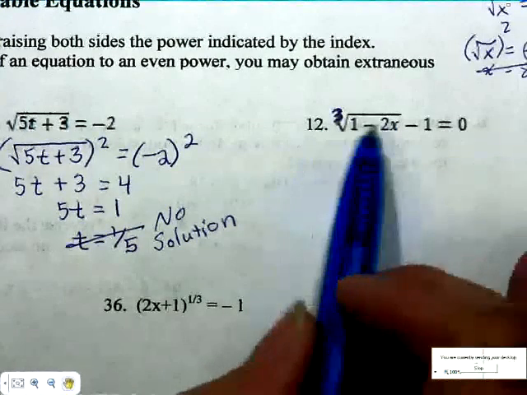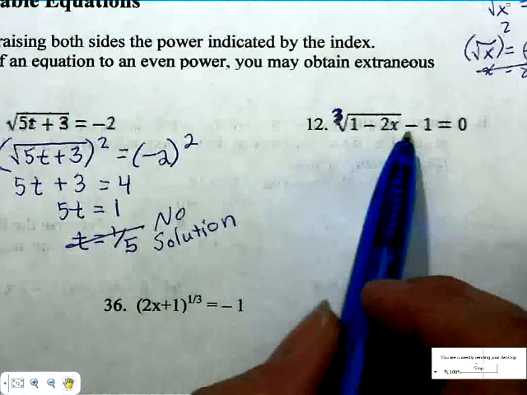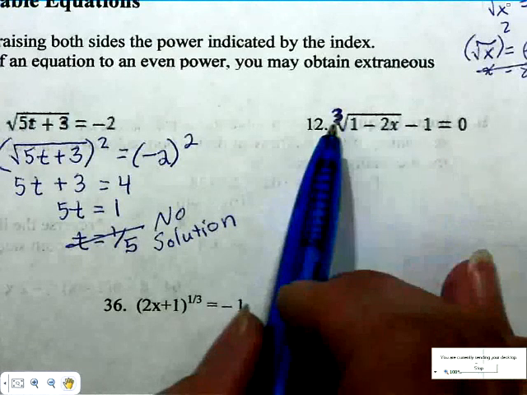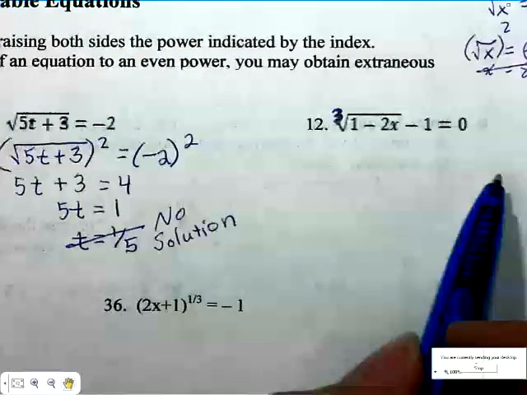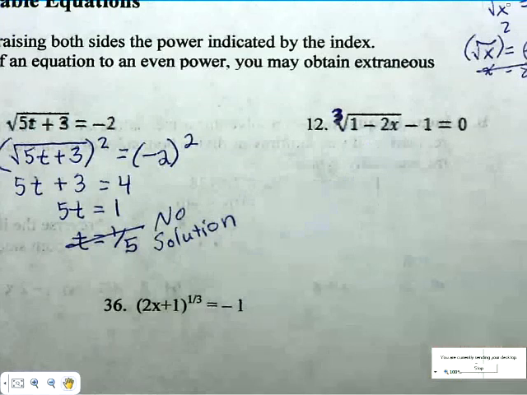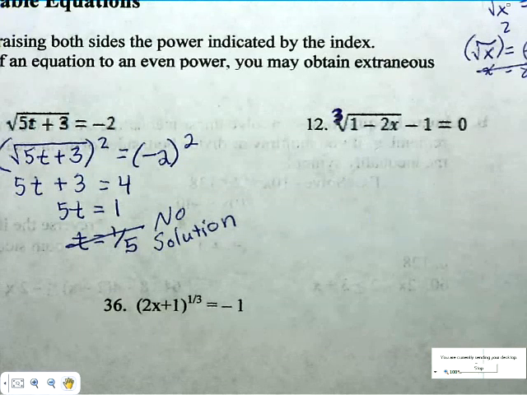Cube root of 1 minus 2x is one term, and -1 is the other term. So if I were to cube both sides right now, I'd be cubing a binomial. To cube a binomial, you have to write it down 3 times and multiply it out. That would be pretty ugly. It would be legal. I could do it, but it would be ugly.